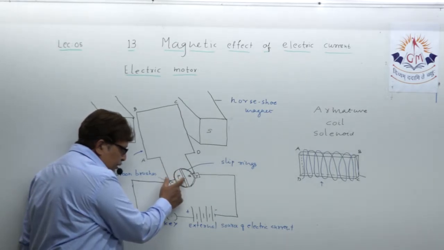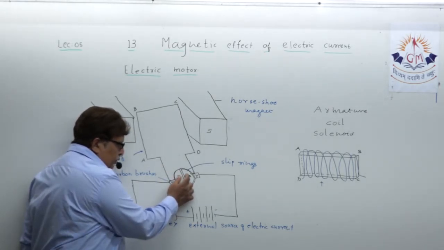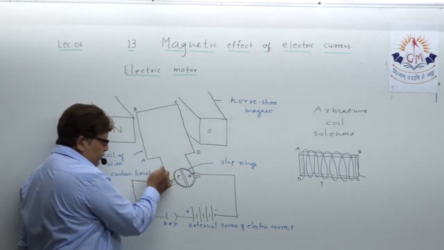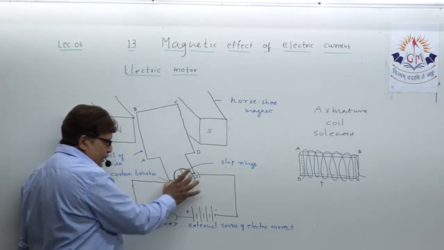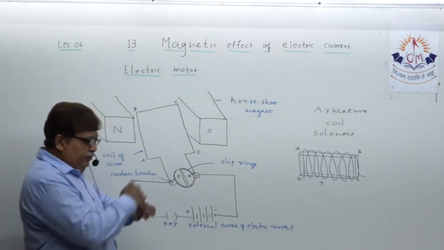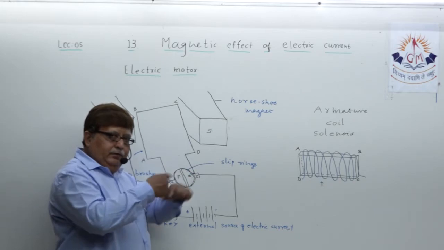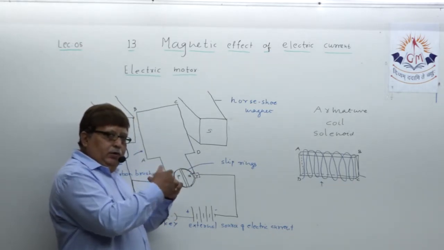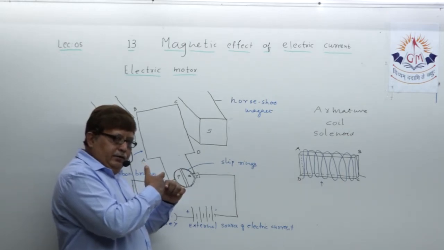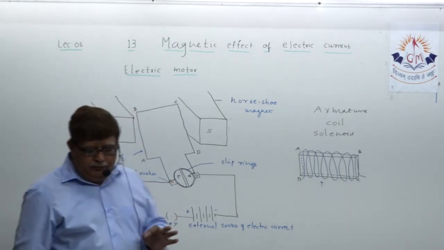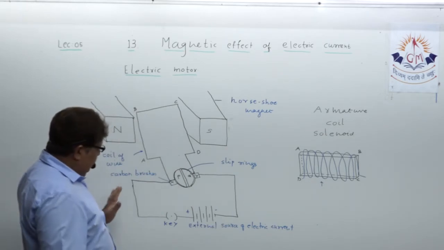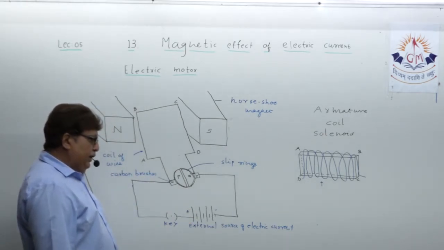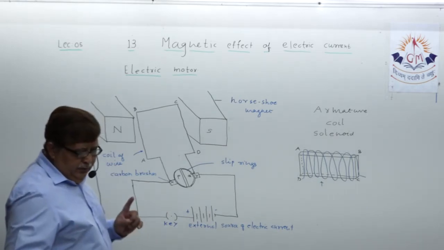One is called P and one is called Q. Q remains in contact with this end. P is just now in contact with this, and these are carbon brushes which constantly ensure the flow of electric current. Understood? Now this is actually the working key, external source of electric current, everything is clear.